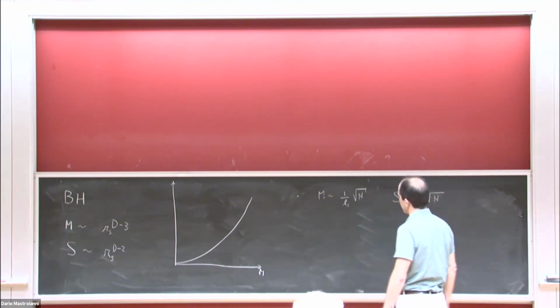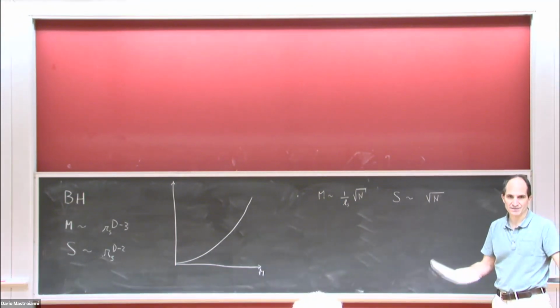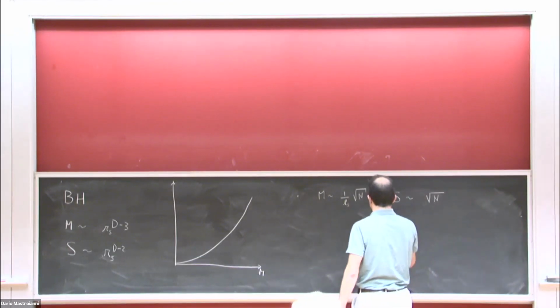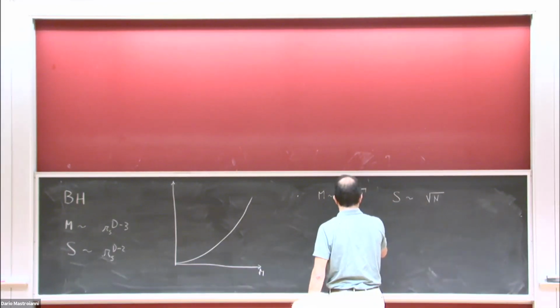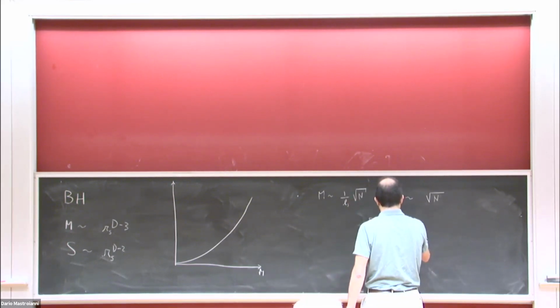The prefactor depends on what string we're considering, whether it's type II, heterotic, etc. And the ratio between these two, m over s, is some number which is by definition called the inverse Hagedorn temperature.